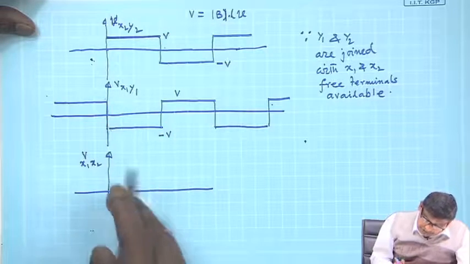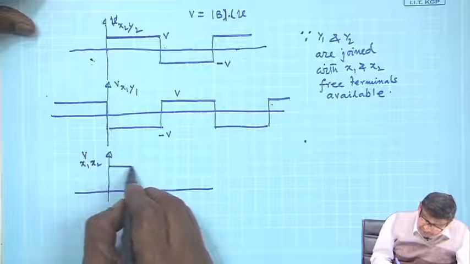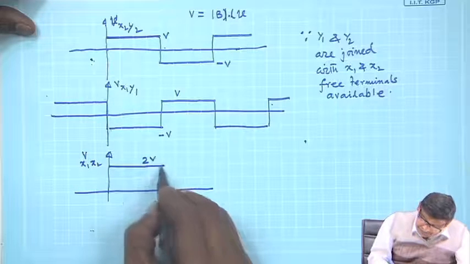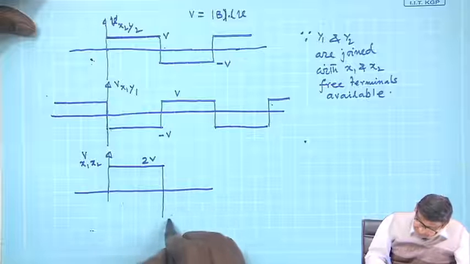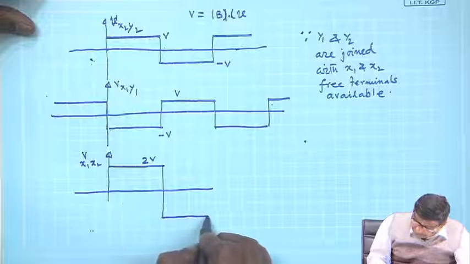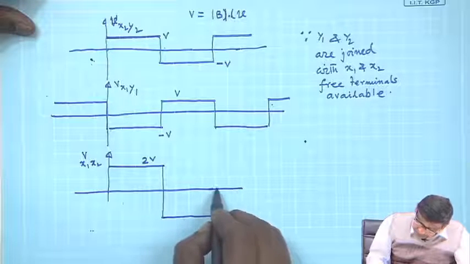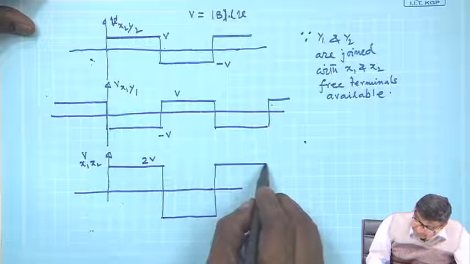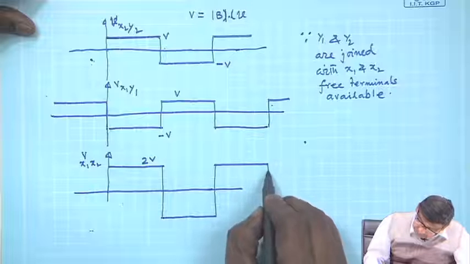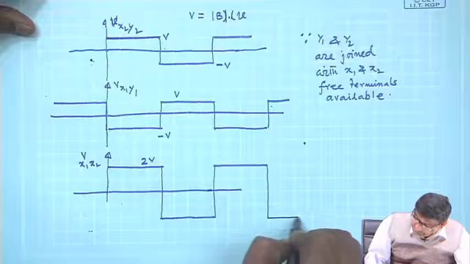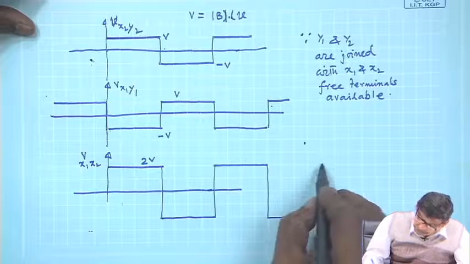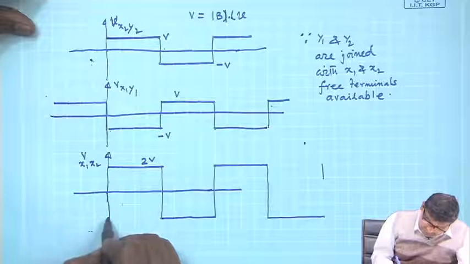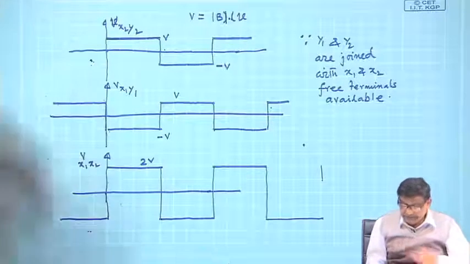So, if you do that, it will be 2 V, 1 2 3 4, minus 2 V, and so on. It will continue doing like this.